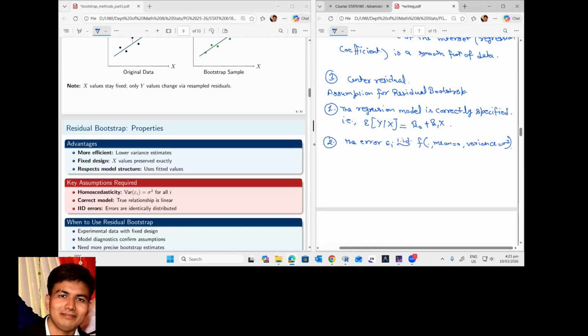Because of this homoscedastic condition, this assumption is very important here, because resampling the residuals ignores any structure in the variance. We are not going to assume any structure for the variance, we are assuming it is constant.